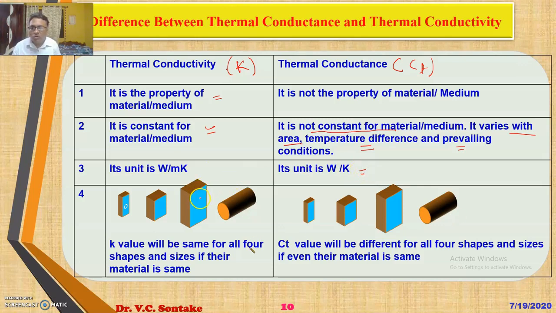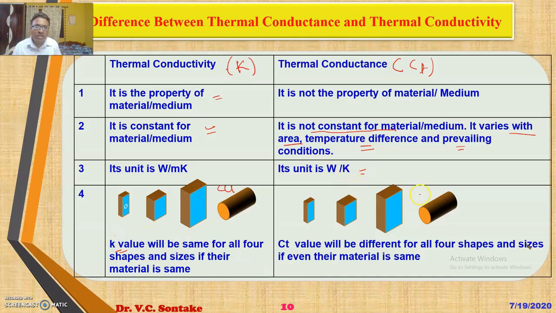Now, in order to understand the fourth difference, let us consider 4 different shapes of different sizes, but made up of the same material, let's say copper. For all these different shapes of different sizes, if I consider them made up of the same material copper, their thermal conductivity will be the same.